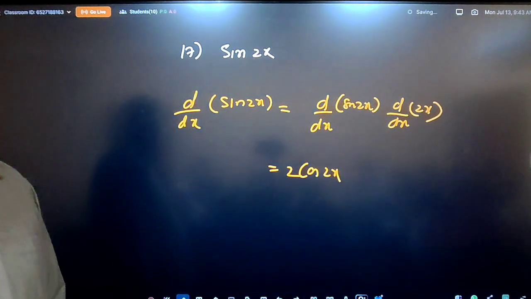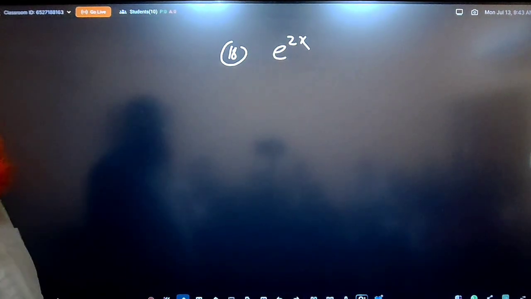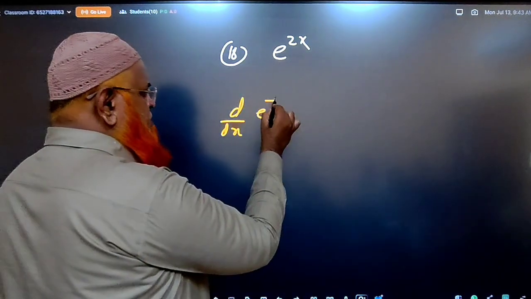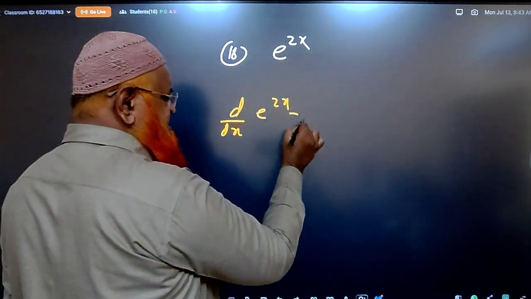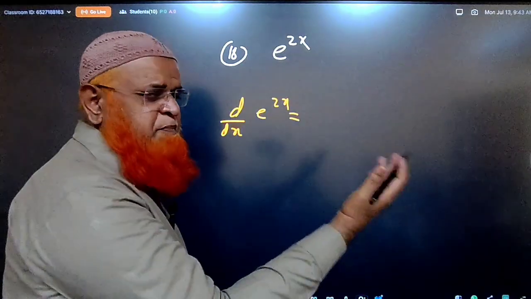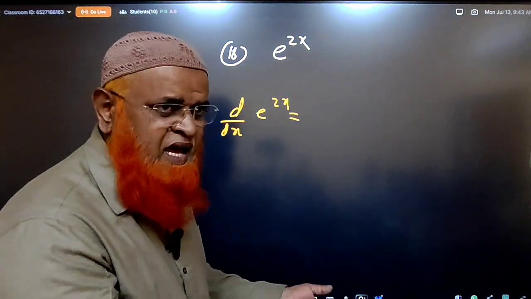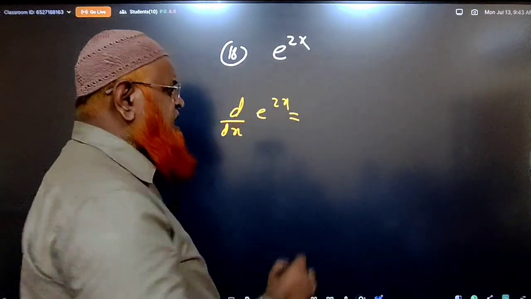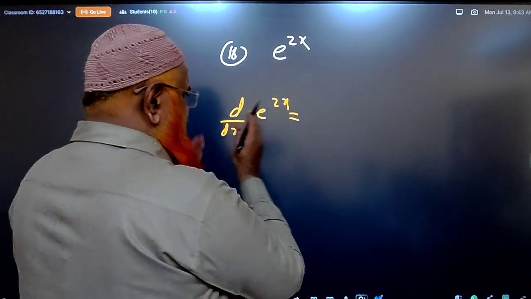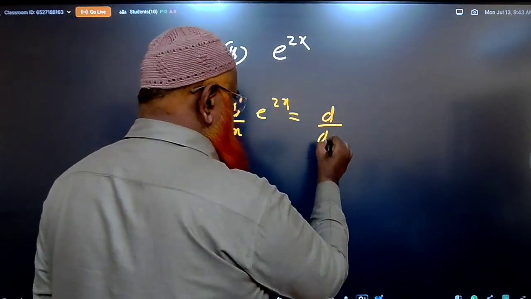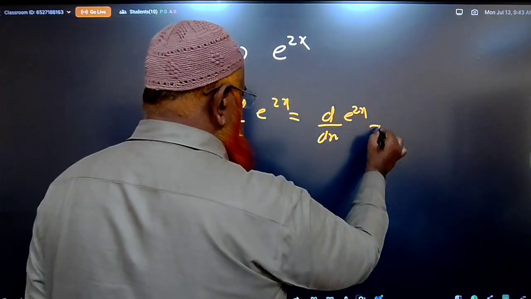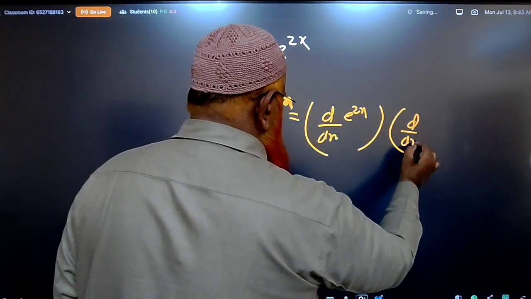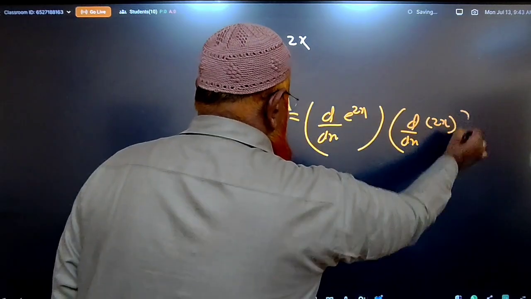Hope you understood. Is it clear? Now e power of 2x, so what will you do? D by dx of e power of 2x, and you know d by dx of e power x is going to be e power x only. Again x means if you do dx by dx is going to be 1, it's going to be a general formula, but for this d by dx of e power 2x you have to do, and again you have to do differentiation separately for the power also.